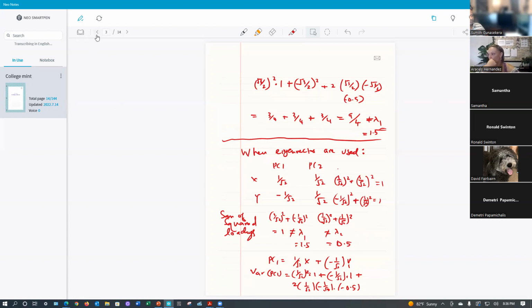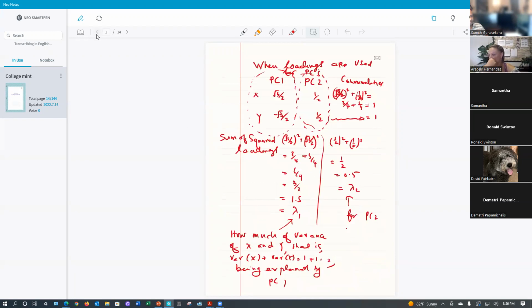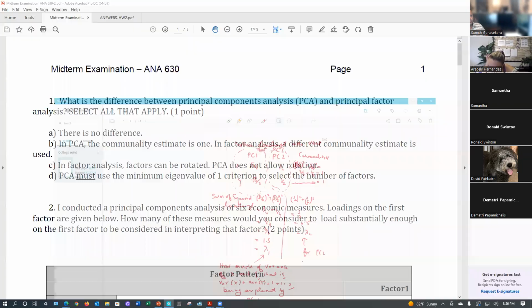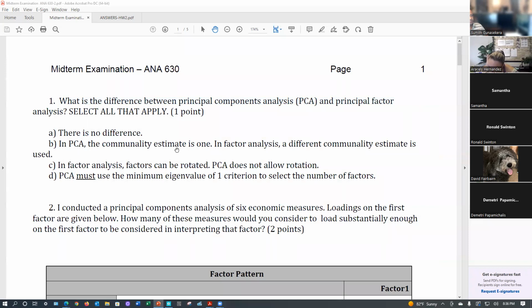So in both places, for the PCA, the communality estimate is 1. In factor analysis, a different communality estimate is used. The one that I showed you was the PCA. Can you remember? That was PCA. So from the PCA, we got those values. So the answer should be B.